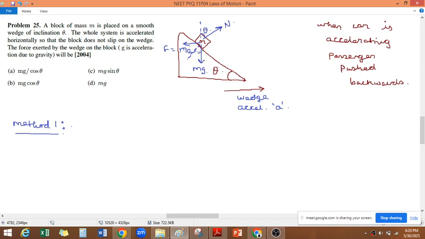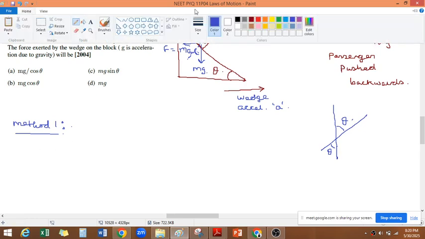If this is theta, this is theta. Why? Because this is 90 minus theta, and if this is 90 minus theta, this should be theta. It looks something like this. This is theta, this is also theta. So as I told you, method 1 is easier.